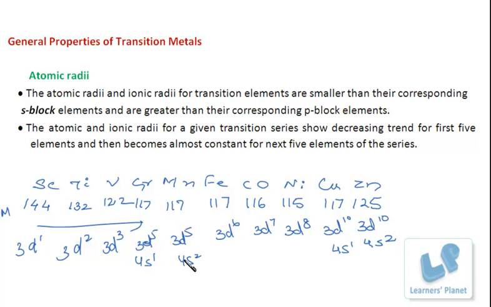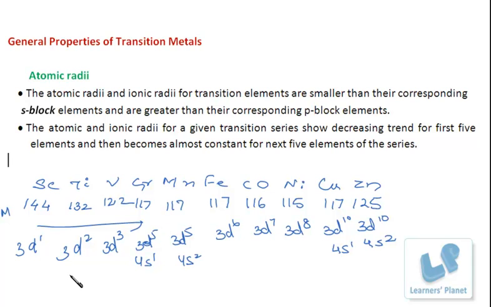Now you can see that the electrons first fill the d orbitals and these are unpaired. Till chromium, the atomic radii is reducing. Why? Because of the increase in effective nuclear charge. Got my point? As the atomic number increases, the nuclear charge is also increasing.